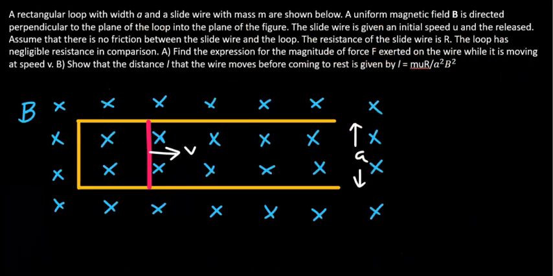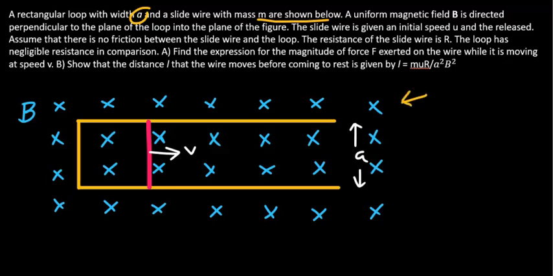Problem 2. A rectangular loop with width A and a slide wire with mass M, that is this slide wire right there, are shown below. A uniform magnetic field B is directed perpendicular to the plane of the loop into the plane of the figure as represented by these crosses.